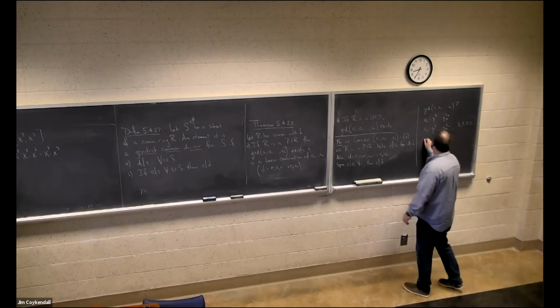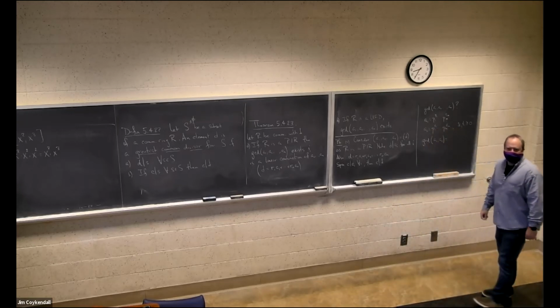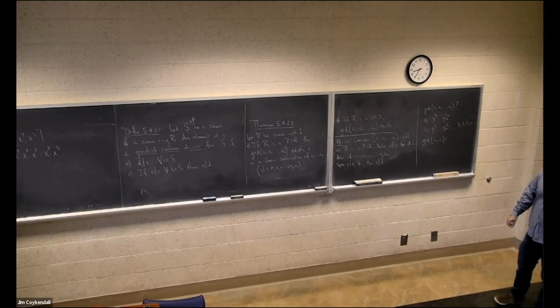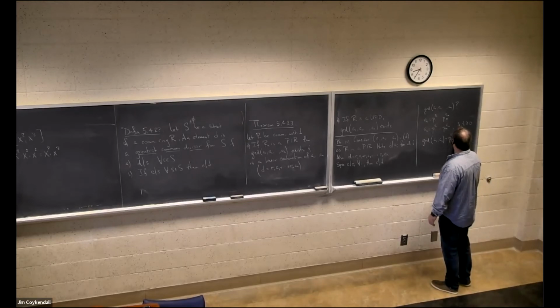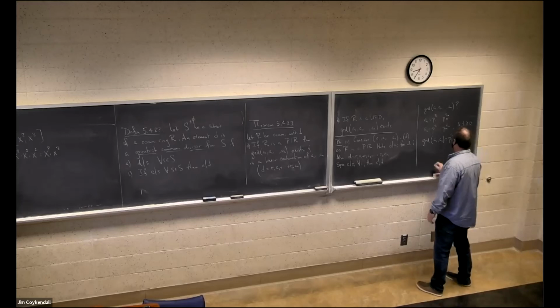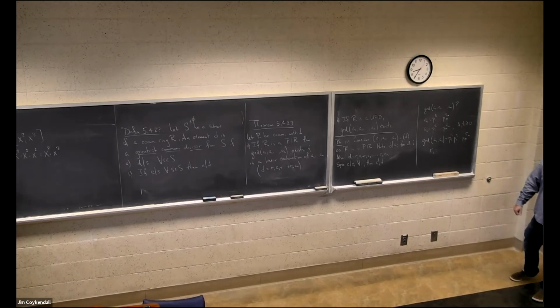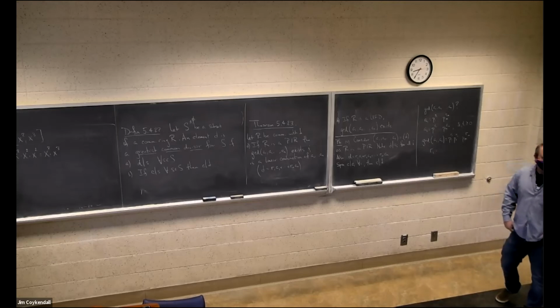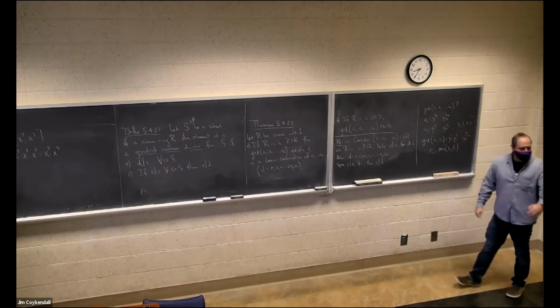Anybody guess what the GCD is? Just take the smaller exponents.